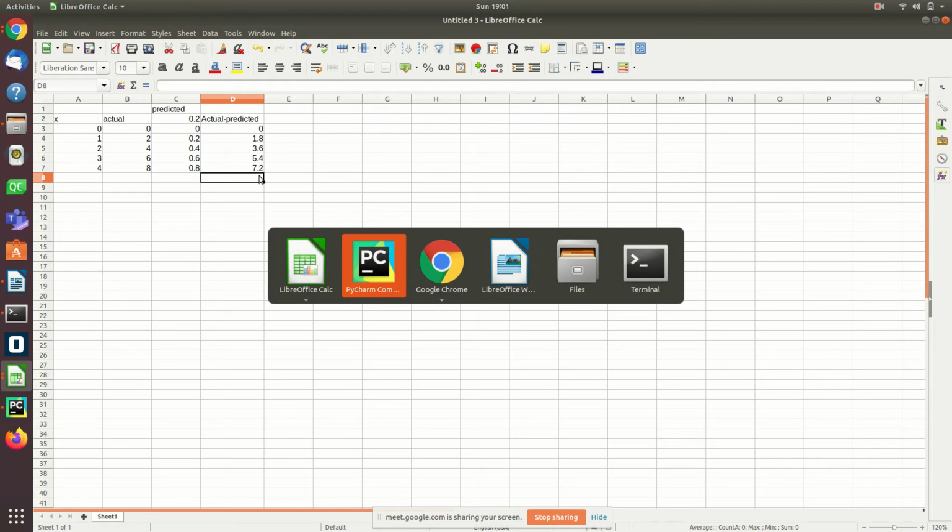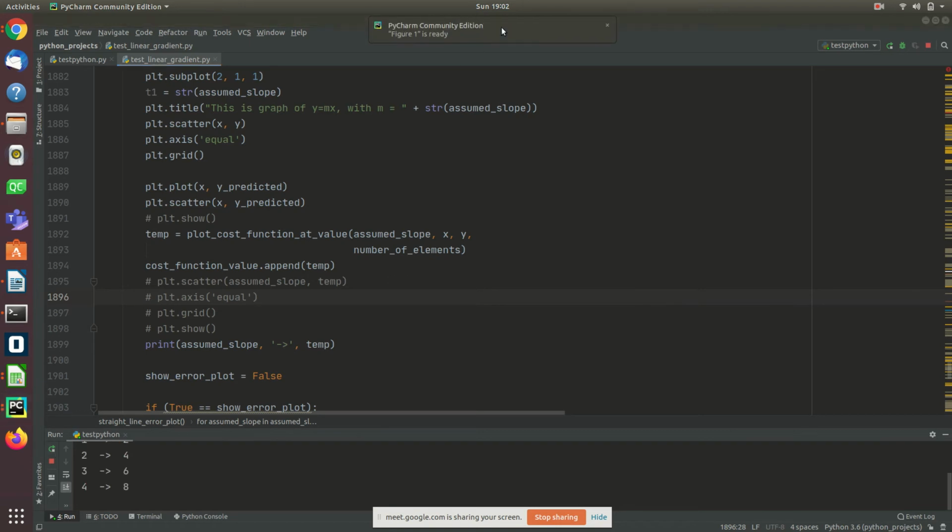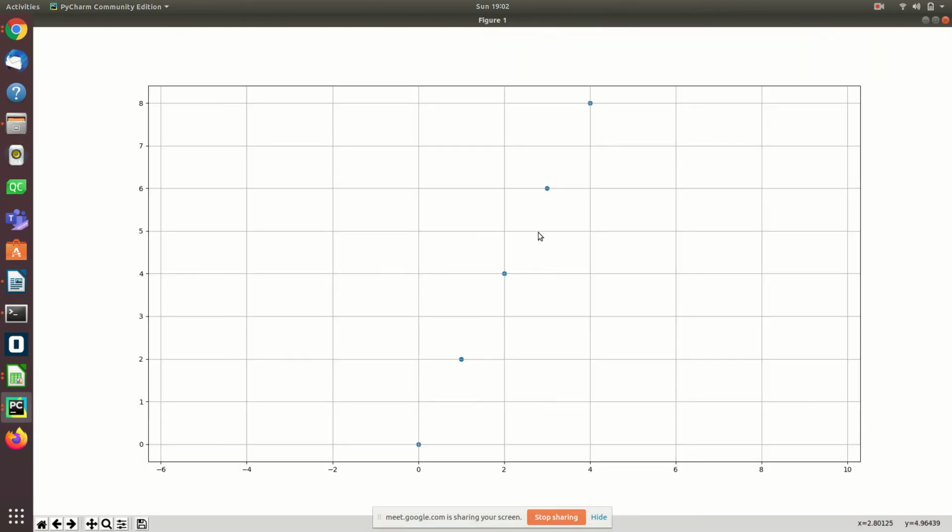Just try to assume that, again I will run this one more time. Suppose my line has only two points. If my line is like this, the gap between this and the real, and the gap between this and the real, one may be -2, another may be +2. If I add them, the error is 0.